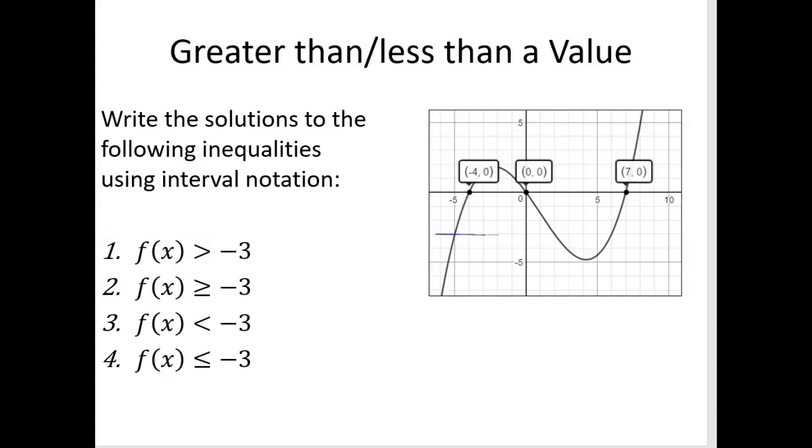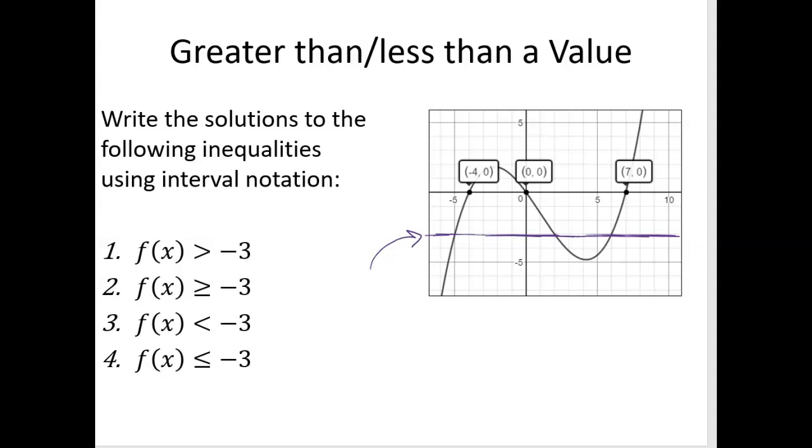So it'll be somewhere like right through here. Okay. This is your y equals -3 line. And then we want to look at the graph and determine when it is above this line that we just drew in here, this -3, or below it.